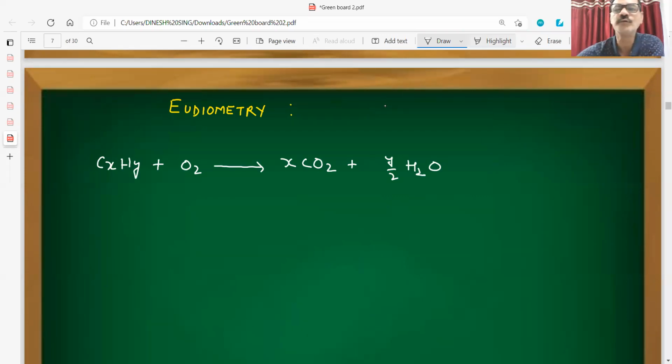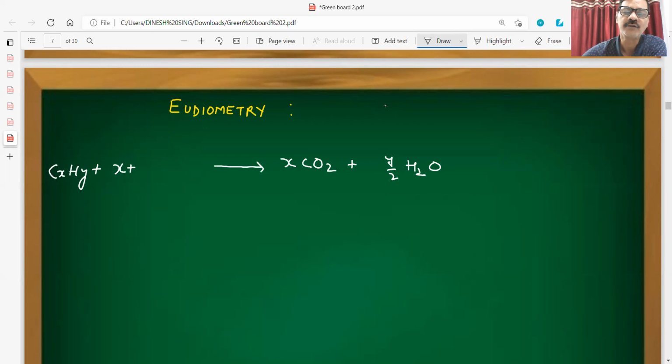And how many moles of oxygen will be required for this combustion? X moles are used in CO2 plus y by 2 moles of atoms of oxygen.